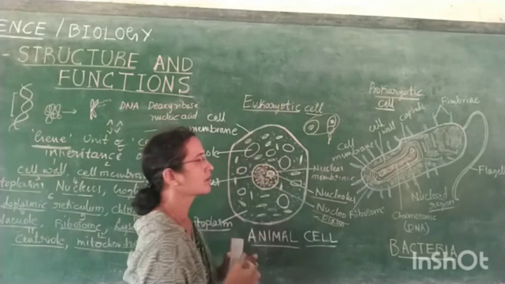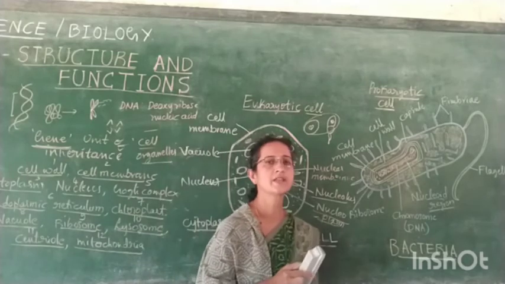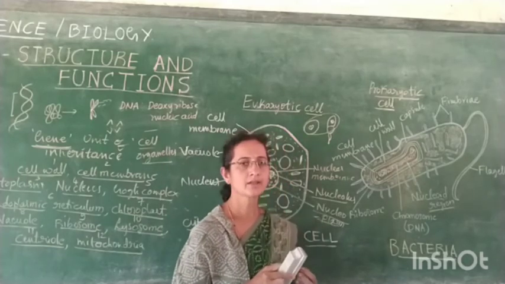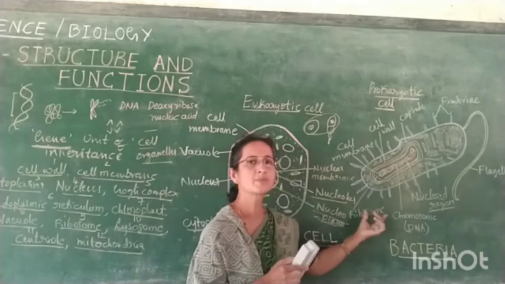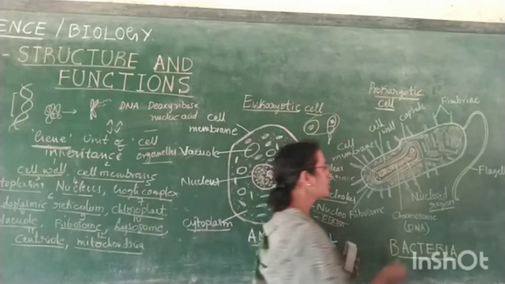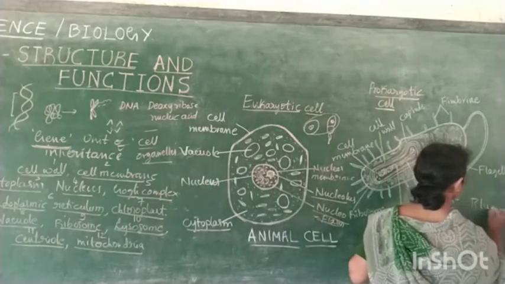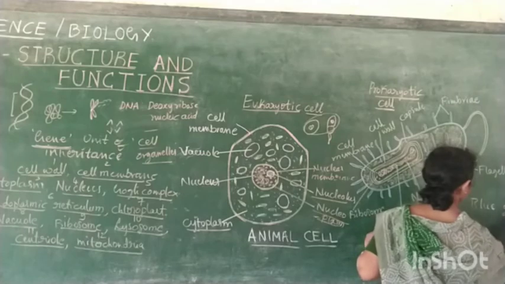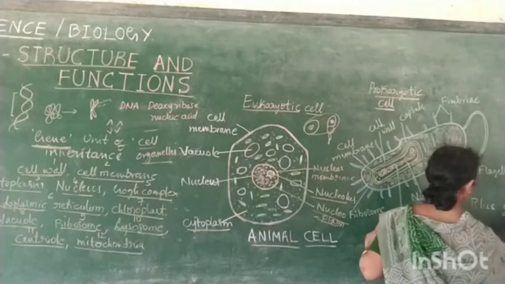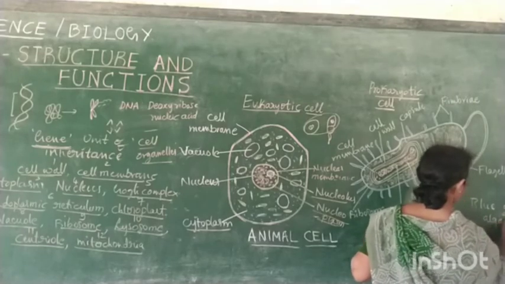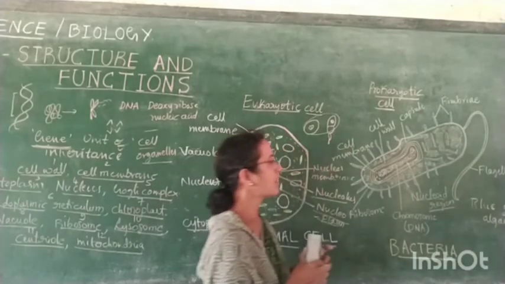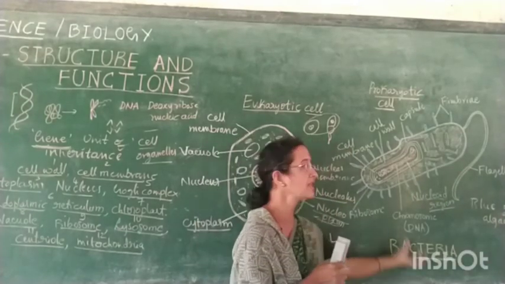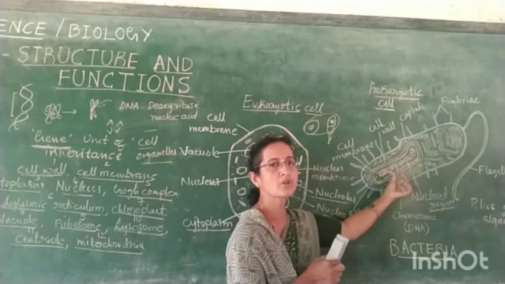So when the first organism was born on this earth, those were organisms like bacteria and blue-green algae. These are said to be prokaryotic organisms, consisting of cells which are said to be prokaryotic.